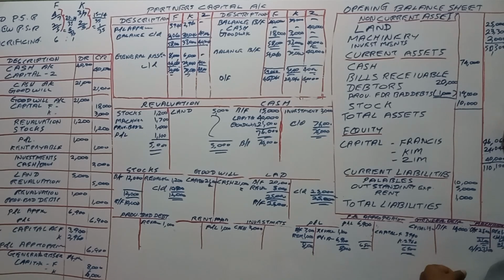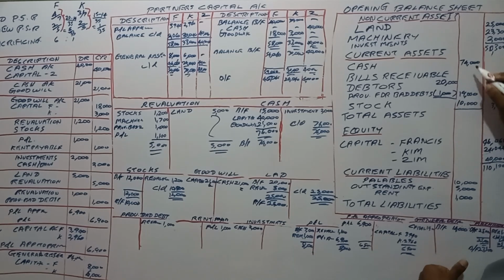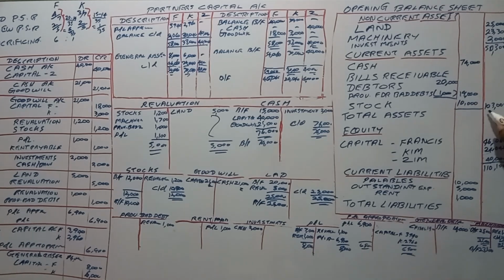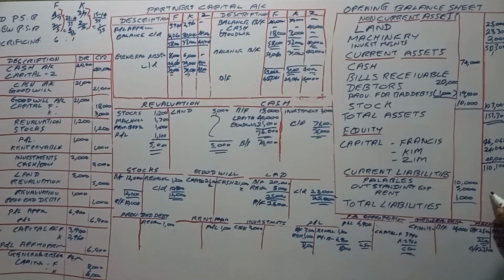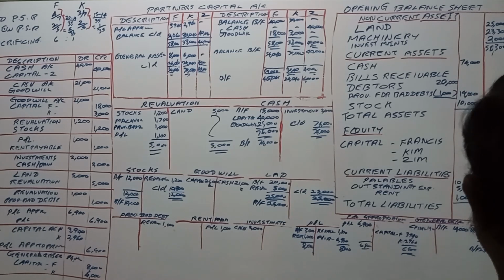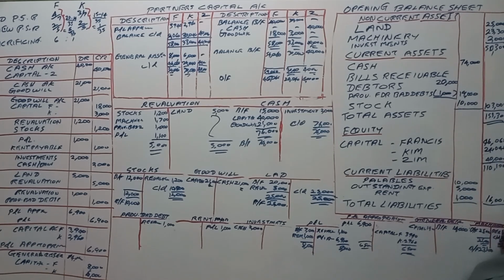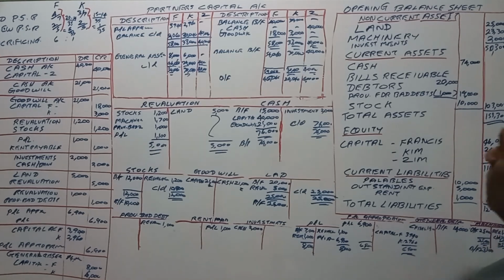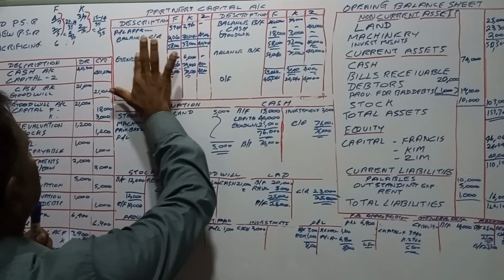Then the total comes to 153,300, right? Reserve has to be added. Okay.